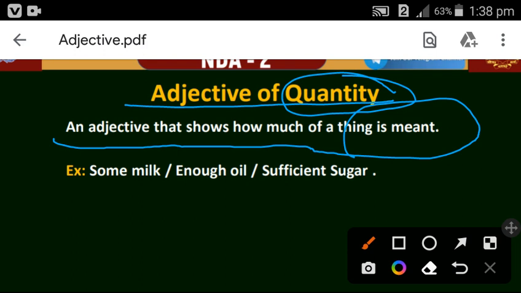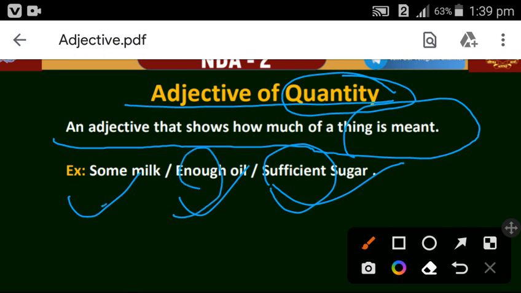Example: some milk, enough oil, sufficient sugar. Then where is the adjective? Mark my point: sufficient, enough, some. These are the words which come under which kind of adjective?